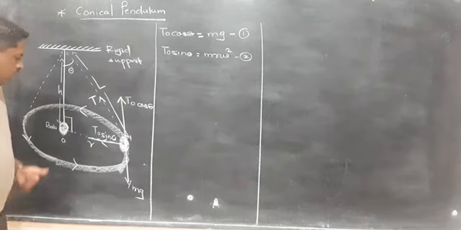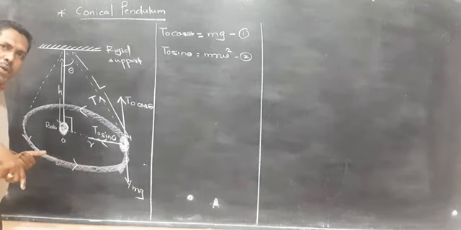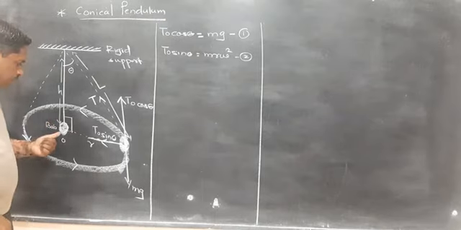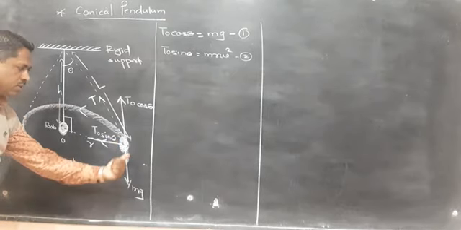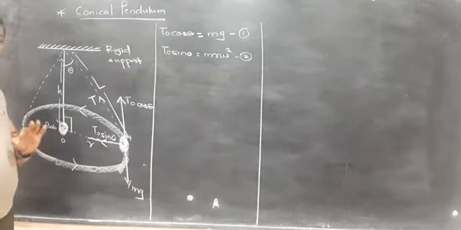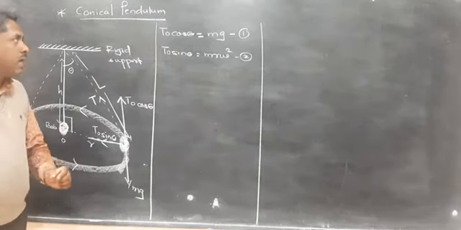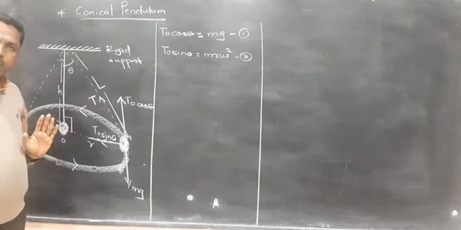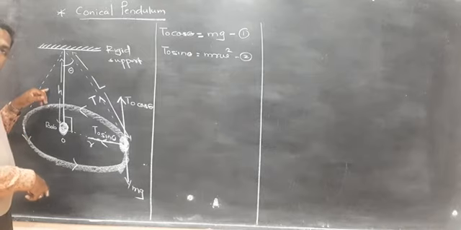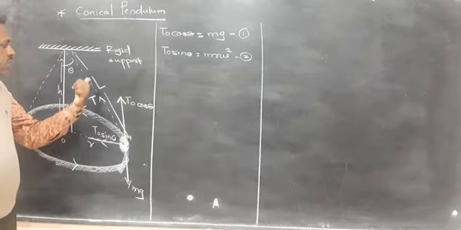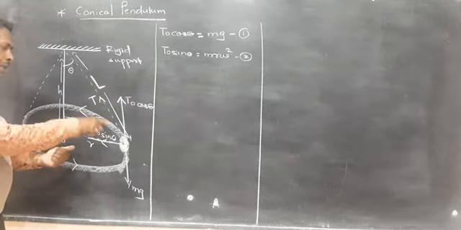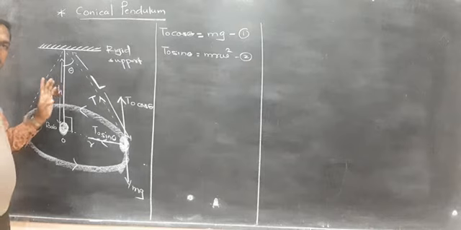Whenever we revolve the pendulum in a horizontal form, the pendulum describes a horizontal circular motion, whereas the string describes a cone-like structure called a conical pendulum. In the figure, O is the center of the pendulum, H is the height of the pendulum from the suspension, L is the length of the string. Whenever the pendulum revolves, it makes a certain angle theta.